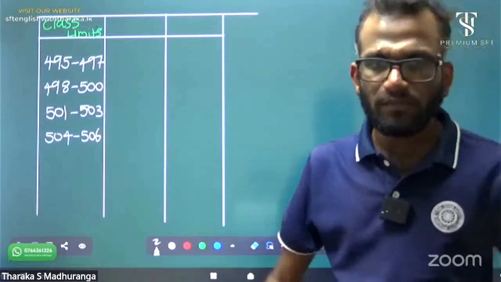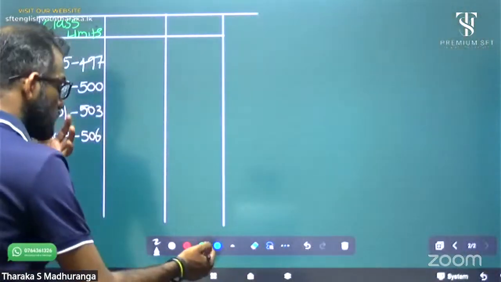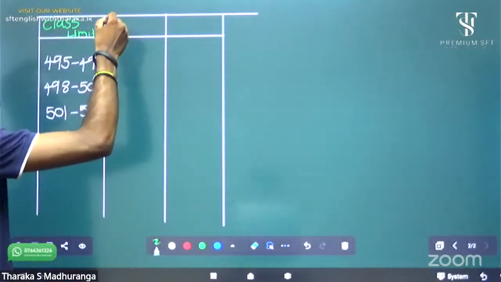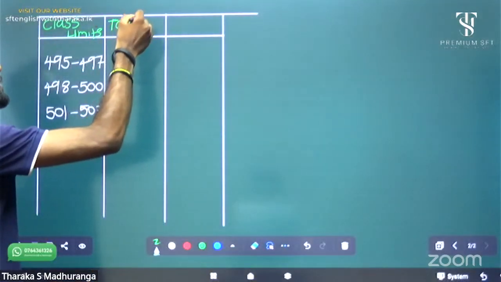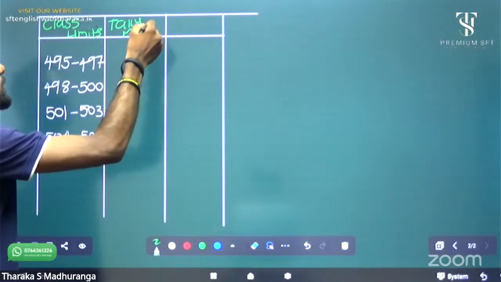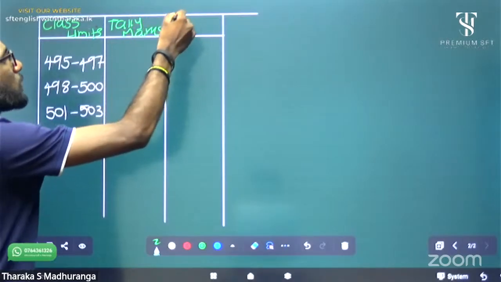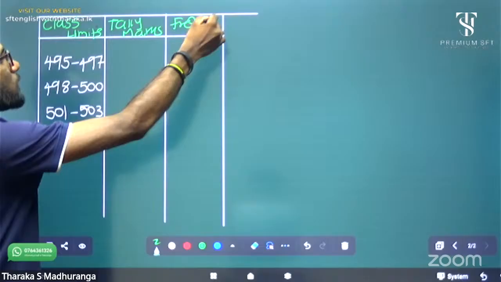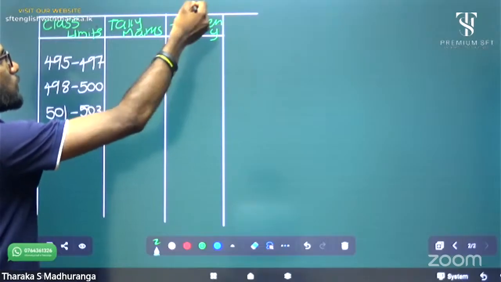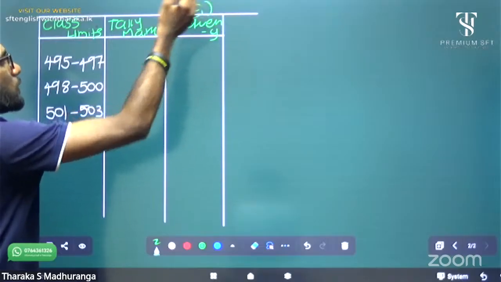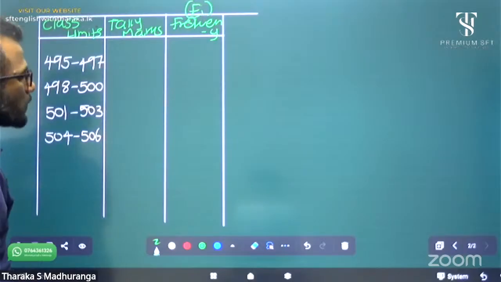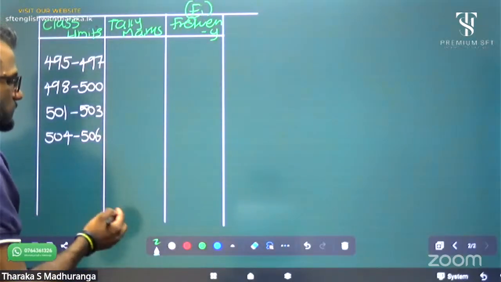It's useless. Then you can add tally marks and a frequency column, the fi column.